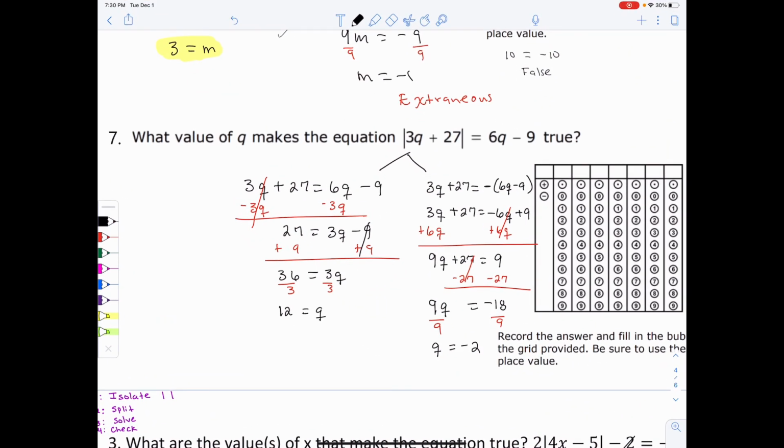So that means that my answer is 12. And that makes q equals negative 2 an extraneous solution. So it's not really a real answer. It doesn't actually work. So the only correct answer here is q equals 12.